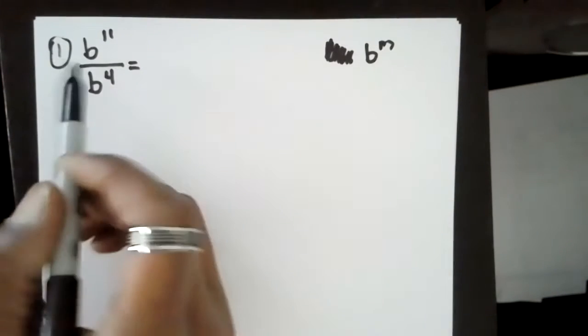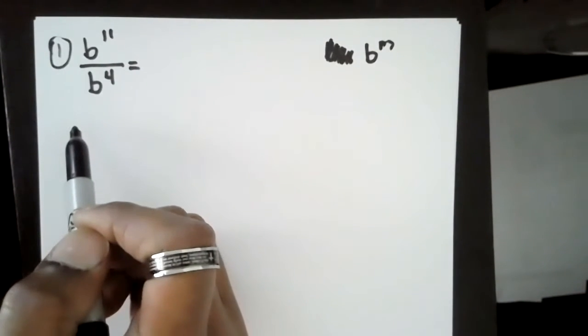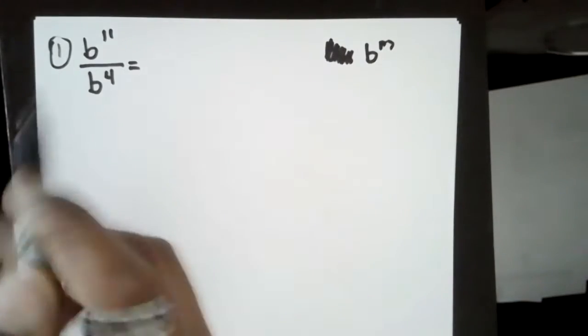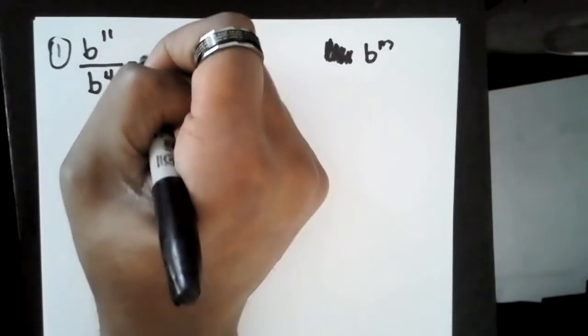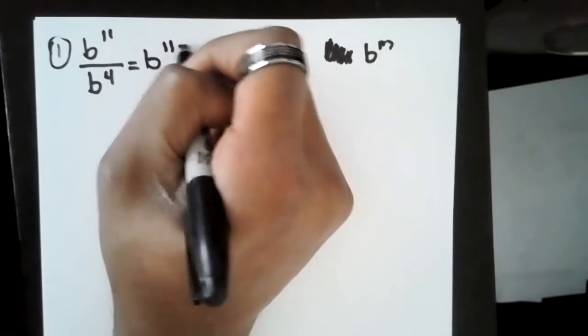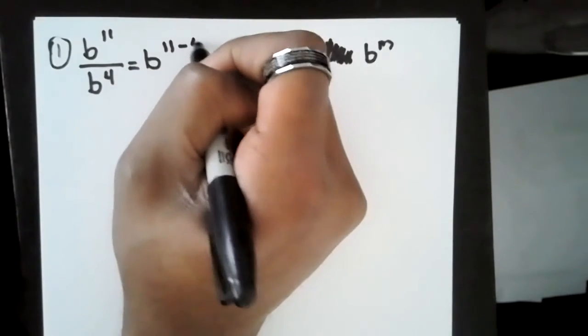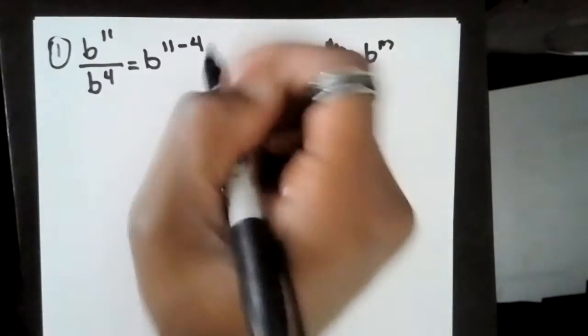We're working with division, right? b to the power of 11 divided by b to the power of 4, which means we're going to do what with the exponents? We're going to subtract. So you're going to write b to the power of 11 minus 4. So this here is the same as saying this here.